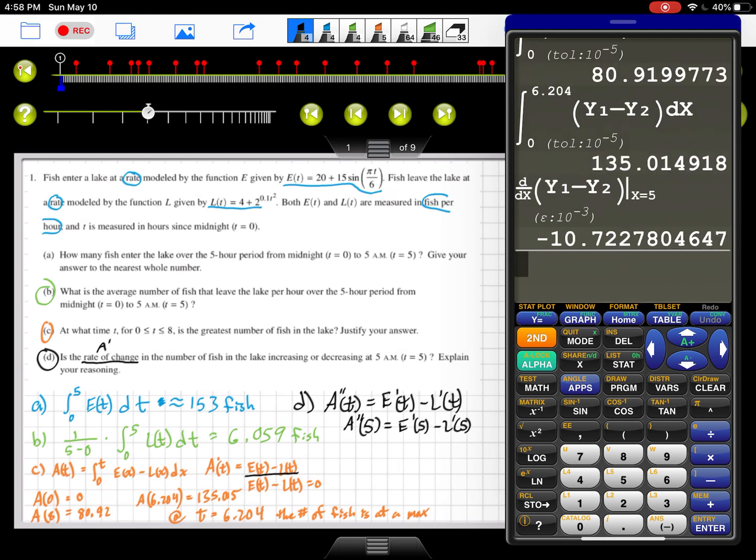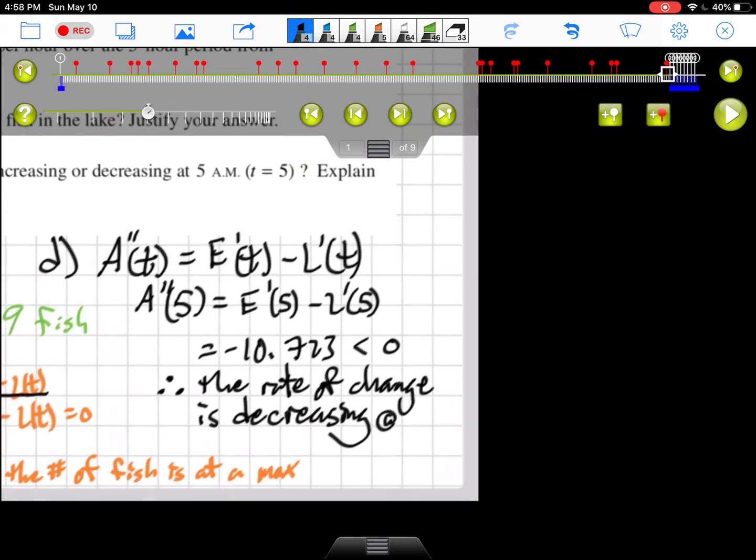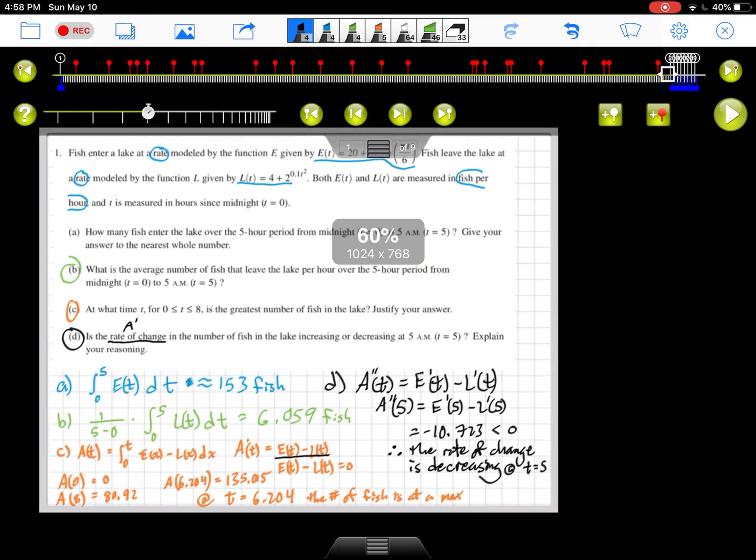And when I do that, I get negative 10.723. So the important thing to note here is that we're less than 0. And I think you have to state that. Okay, now because A double prime is less than 0, the rate of change is decreasing at 5. And I should probably write that too. At t equals 5. All right, and that's the end of that.